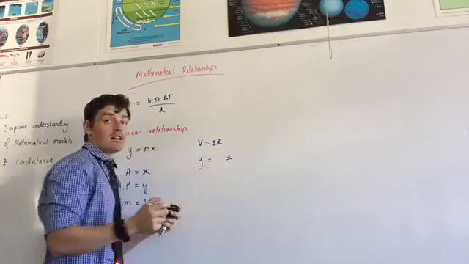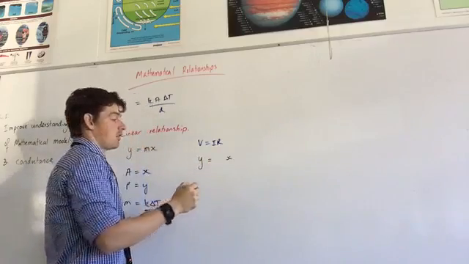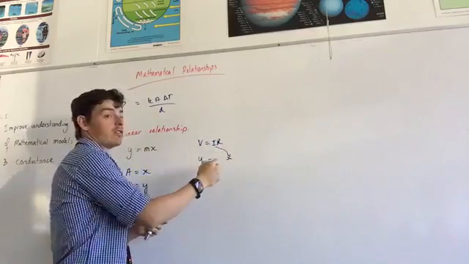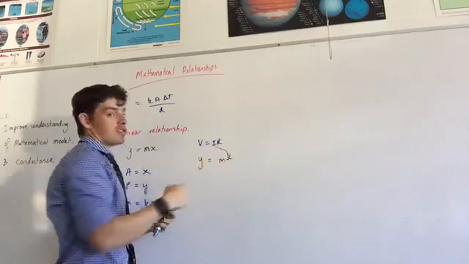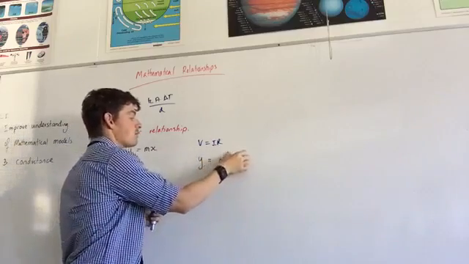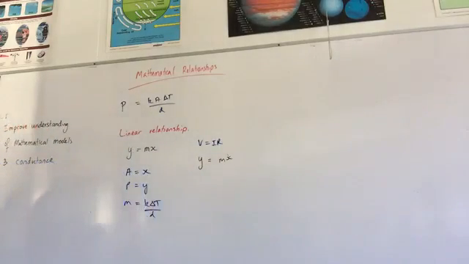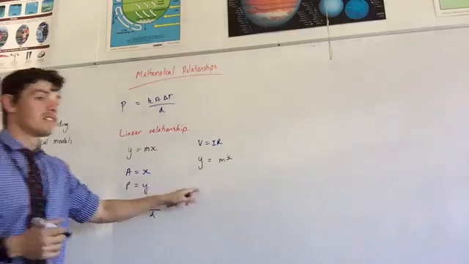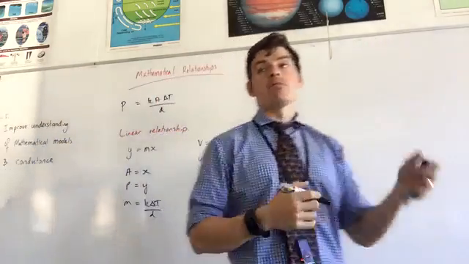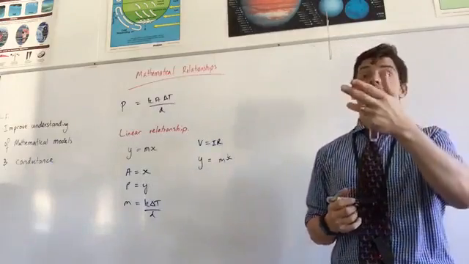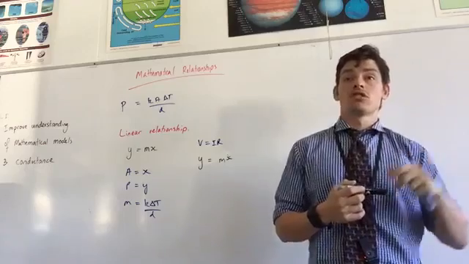What was my R? y equals mx plus c. There was no c value. So what does my m tell me? If I plotted all my data points, what would my m tell me? The resistance. My gradient would tell me my resistance.